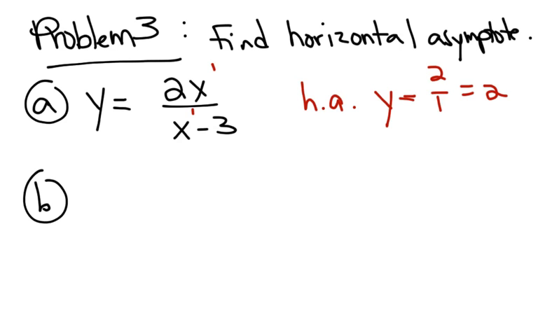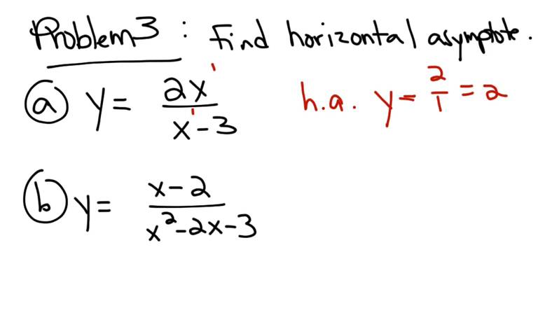Okay, let's try this again. Y is equal to (x minus 2) over (x squared minus 2x minus 3). So the degree of x in the numerator is 1, but the degree of x in the denominator is 2. When the denominator is bigger, the horizontal asymptote is y equals 0.